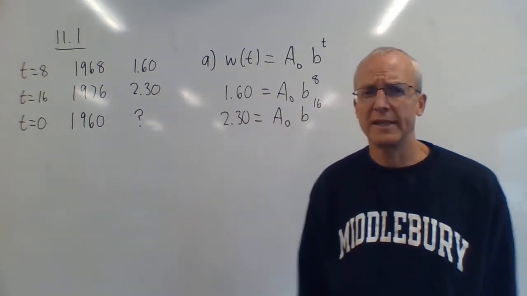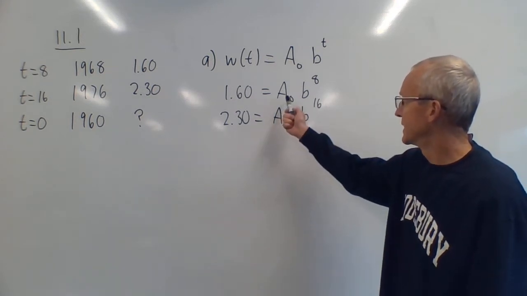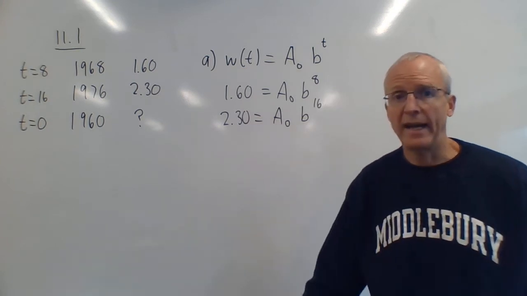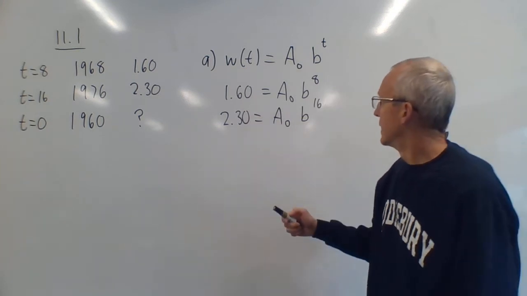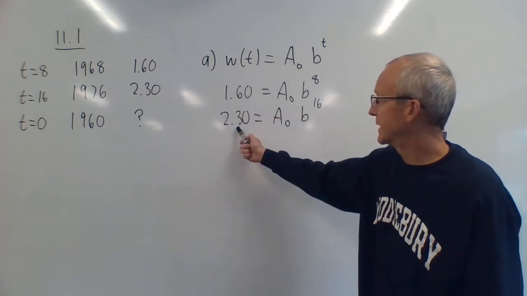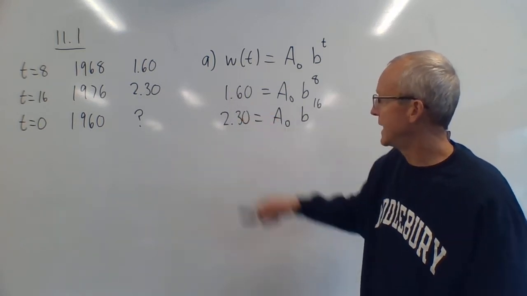There's different ways to do this. I find the easiest way is to get rid of the A0, right, because it's just sitting there. So let's divide the 2 equations, okay? And since I like dividing big numbers by small numbers, we'll take this one, 230, and divide both sides.